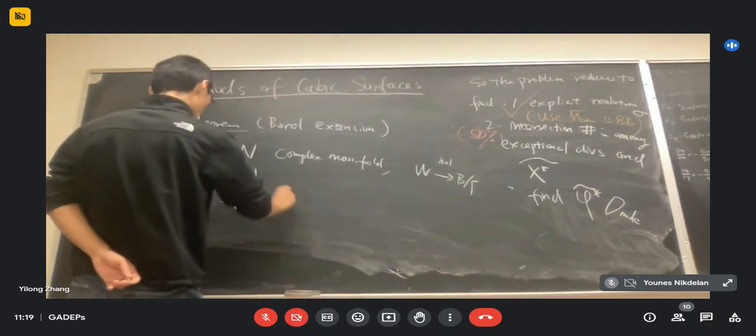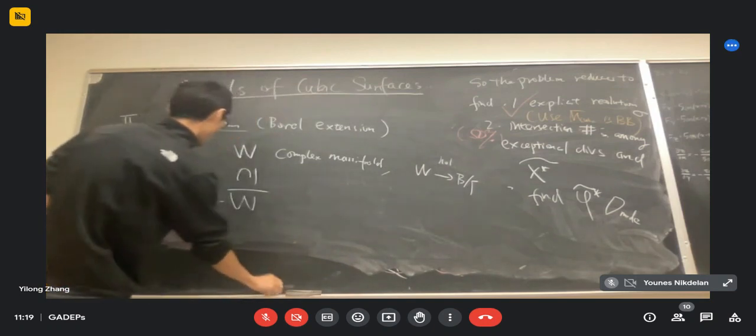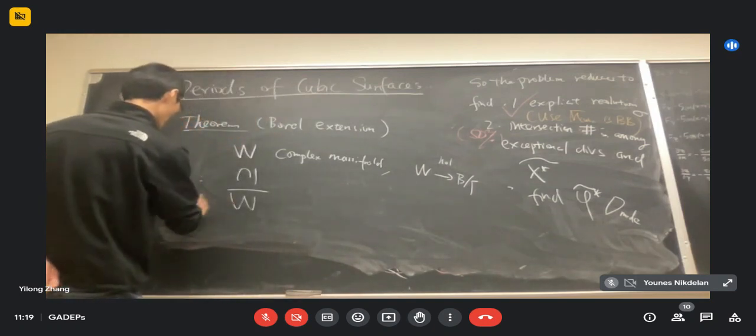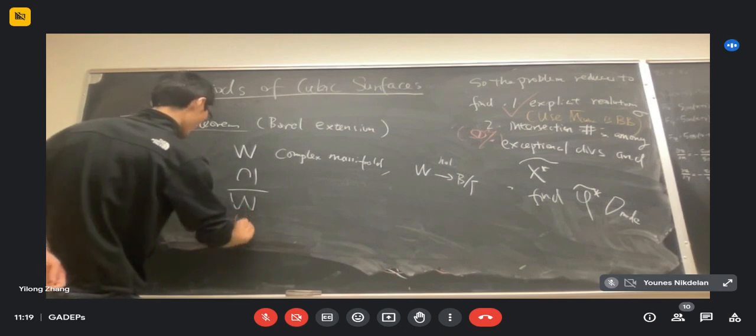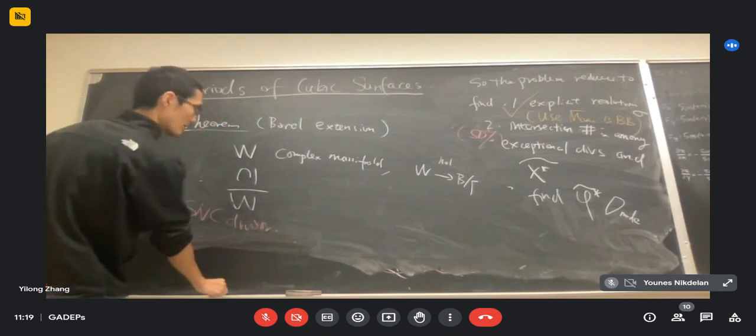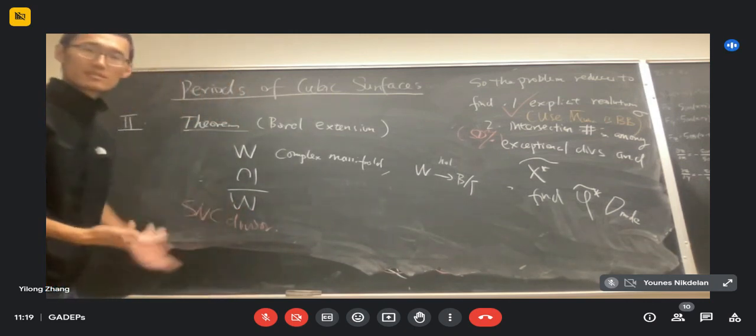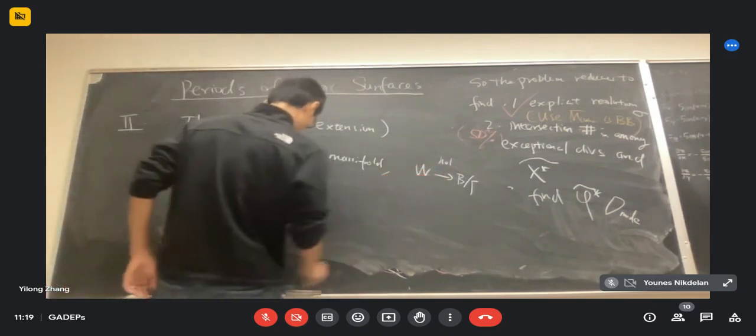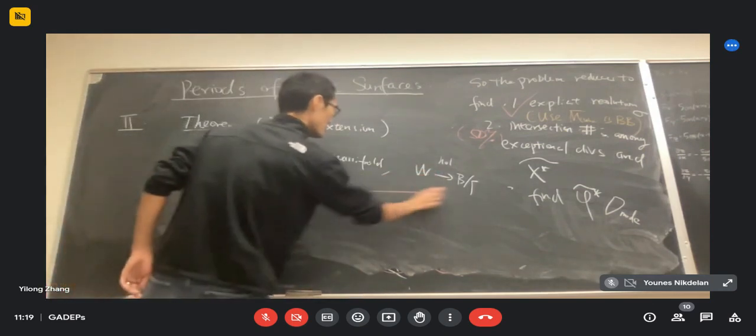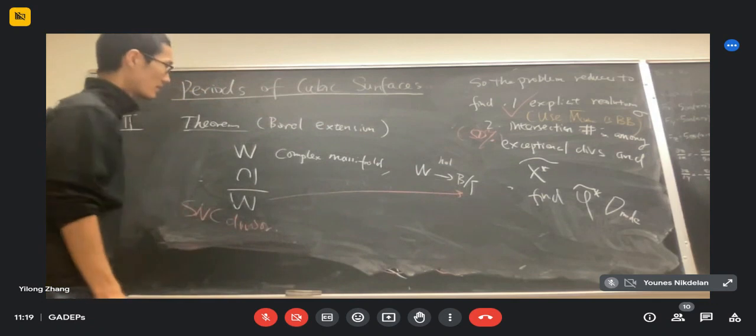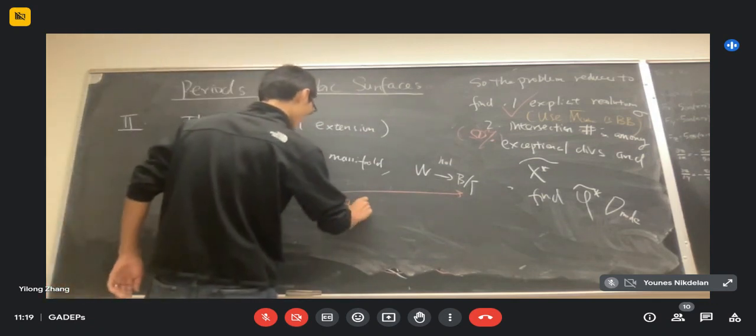And suppose you have a compactification which is a simple normal crossing divisor on the boundary. The theorem claims that actually this map will extend to here.